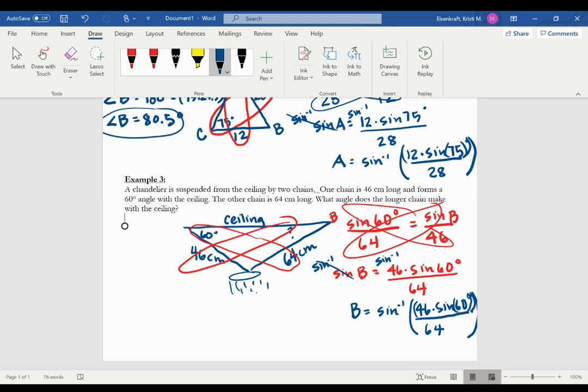Let's go ahead. Second sine, another set of parentheses, 46 times sine 60, close the parentheses, close them again, divided by 64. 38.5. So I got B. That angle is 38.5 degrees with the ceiling. Looks about right.